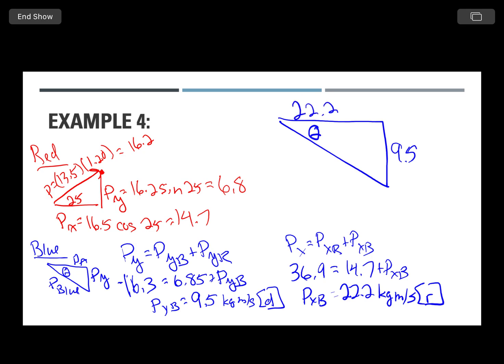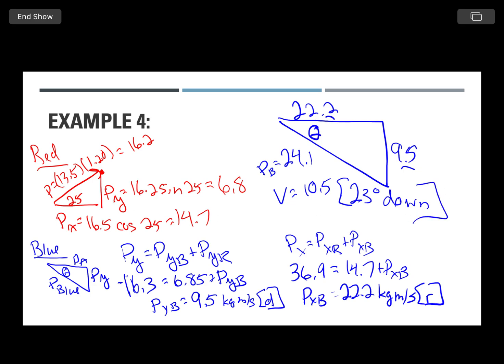Well, Pythagorean theorem action should get me an overall momentum here of 24.1, which makes a velocity of 10.5. Again, I use tangent, opposite over adjacent, and that will tell me it is 23 degrees down.